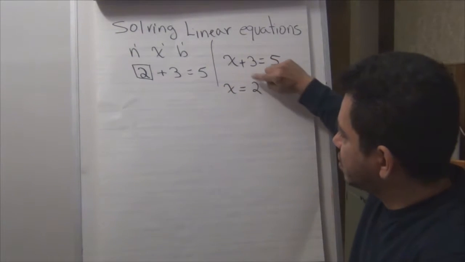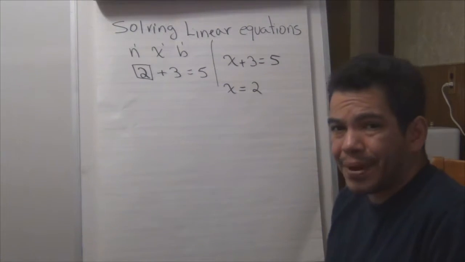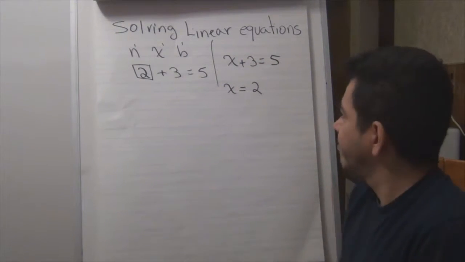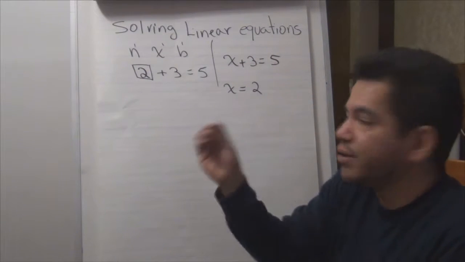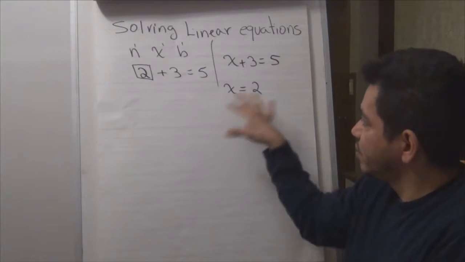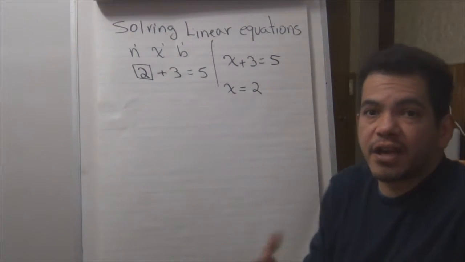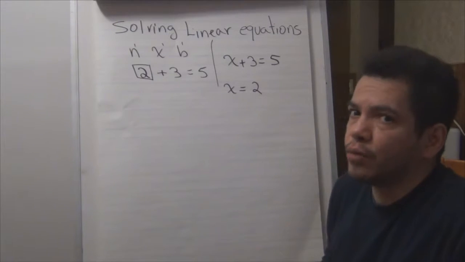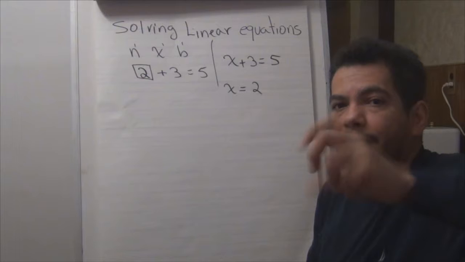Because if we substitute 2 over here, 2 plus 3 is 5. Okay. But now in the algebra class, it's not so like, oh, I'm just going to use my common sense and figure out, okay, x plus 3 is 5, which is basically the common sense we see in life. No, to solve the equations, now you have to think backwards.